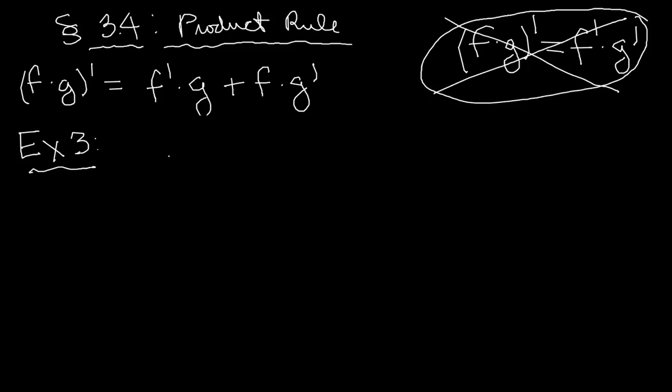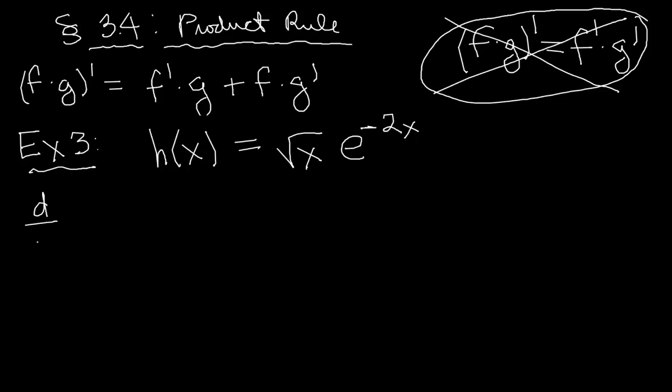Let's do h of x, doesn't matter what the name is, but just to keep things consistent with how we've been doing them: square root of x, e to the minus 2x, and that'll be our function. This time I'm going to write the derivative like this, just so you get used to this notation. What is d dx of h of x?